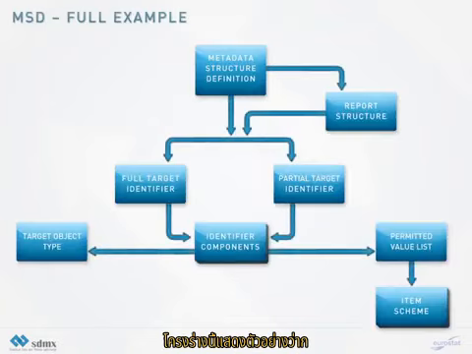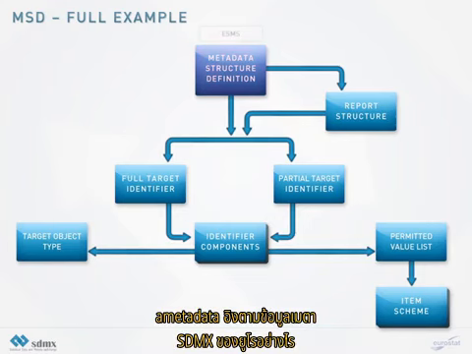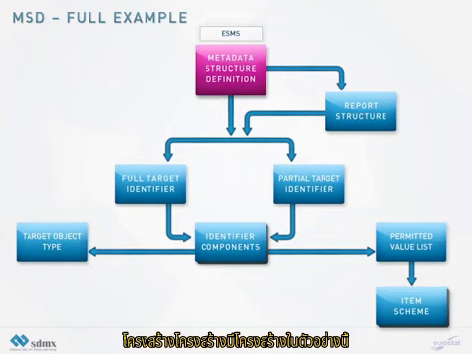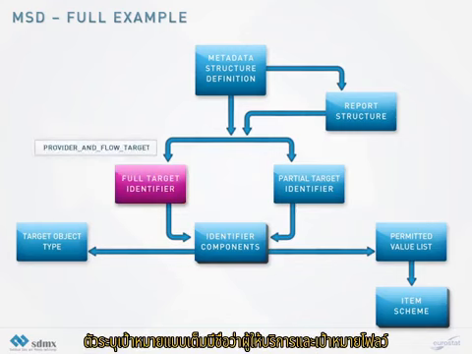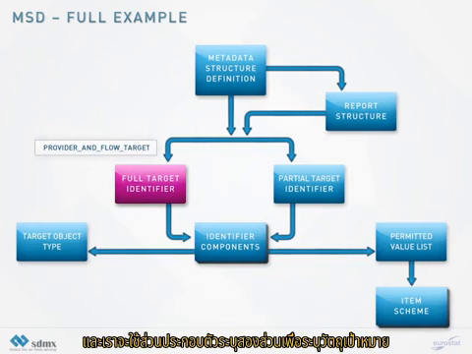This scheme provides an example on how a metadata file based on the Euro SDMX metadata structure is structured. In this example, the full target identifier is named provider and flow target and will use two identifier components to identify the target object.